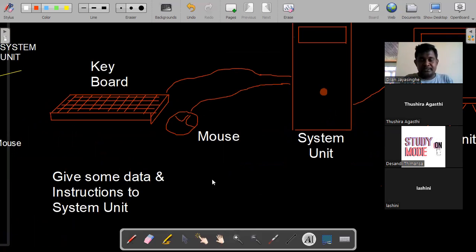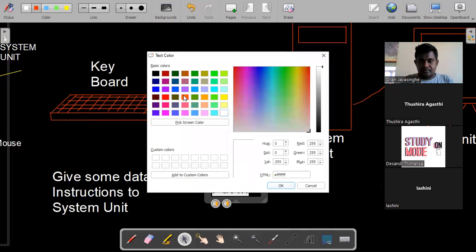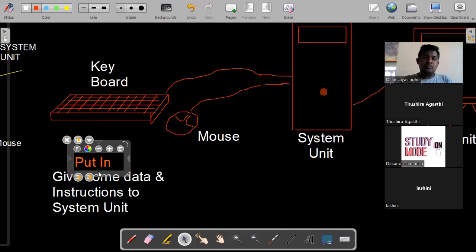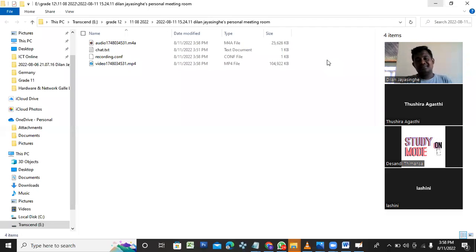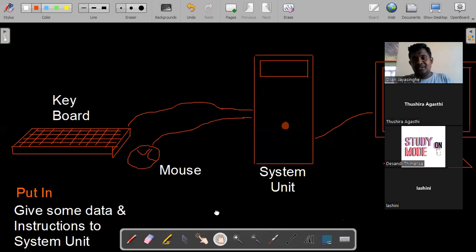We will put in some data and instructions to the system unit. Giving means put in.